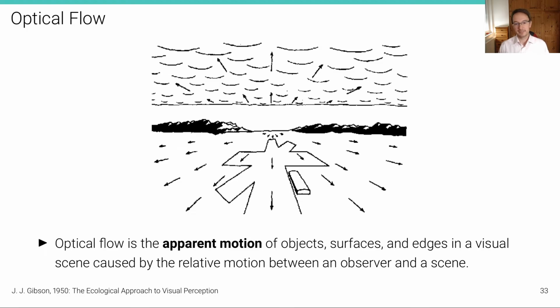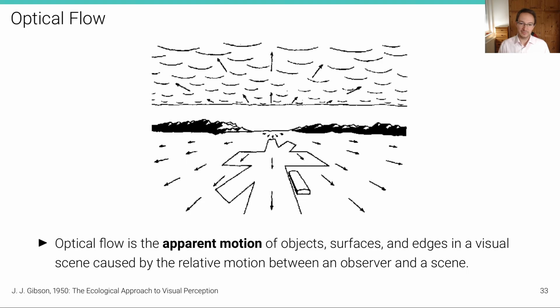And this apparent motion of how pixels move in an image is caused by either objects moving in the scene, or the observer moving. In this case, the scene is static, but the camera is moving with respect to the scene, causing this motion field.